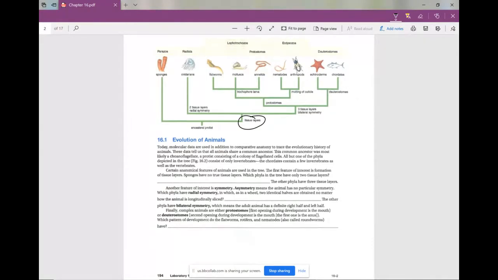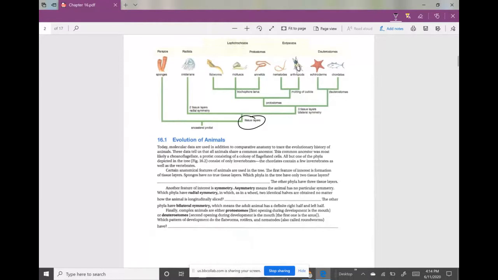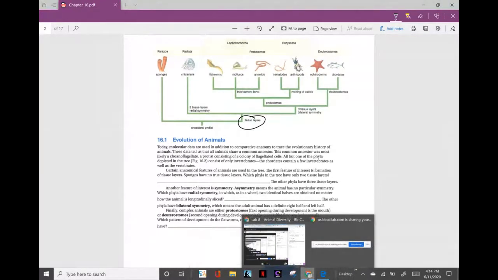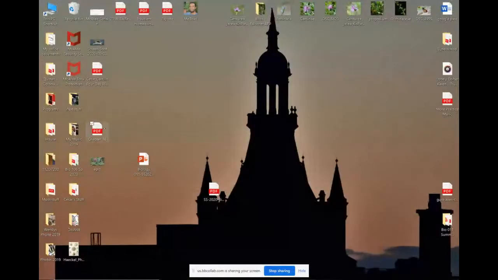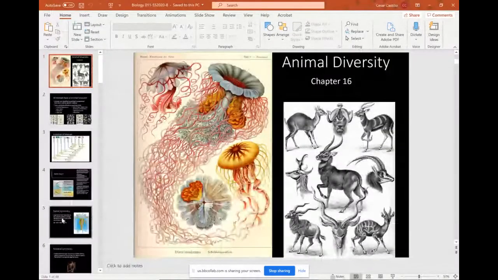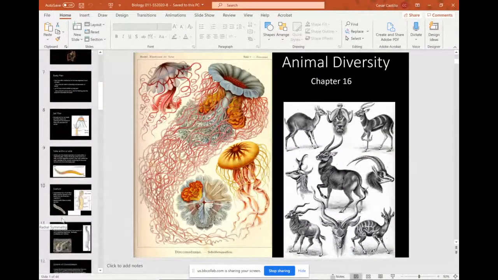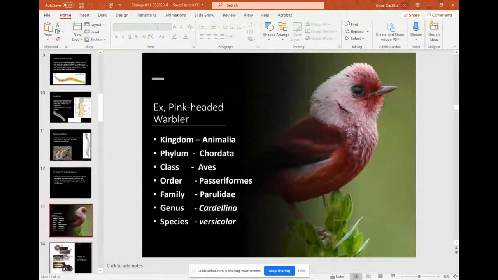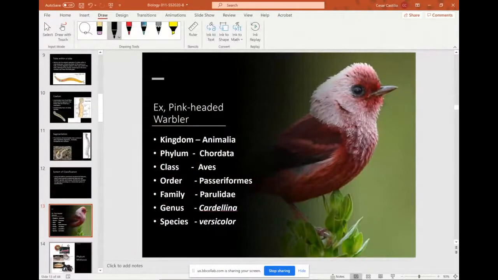Okay, so remember that we have that hierarchy, and they're talking about phylum. This thing here. Right. So the major groups of animals are divided up into phyla.